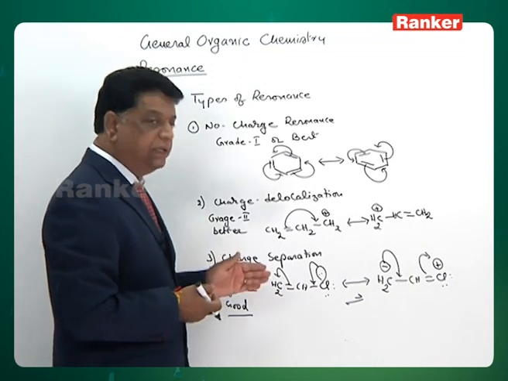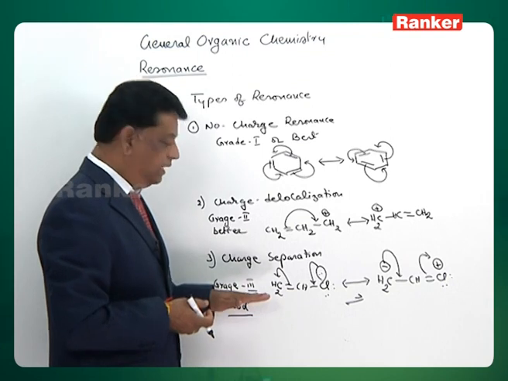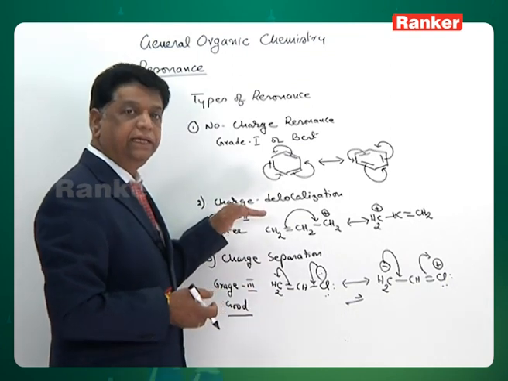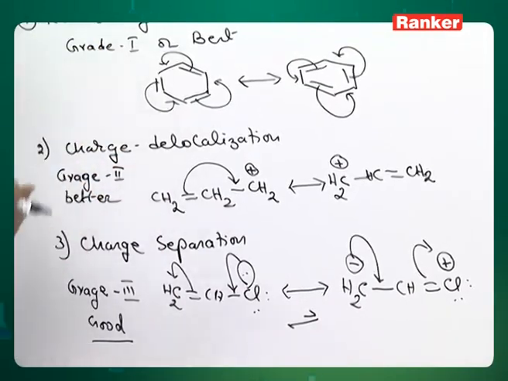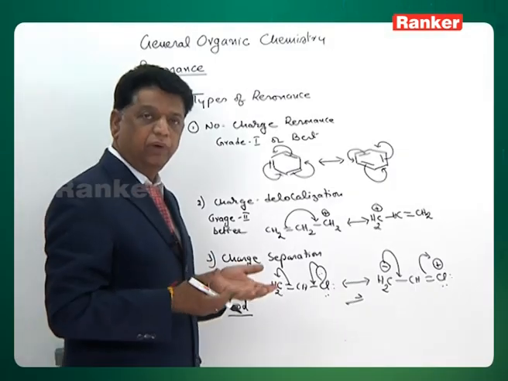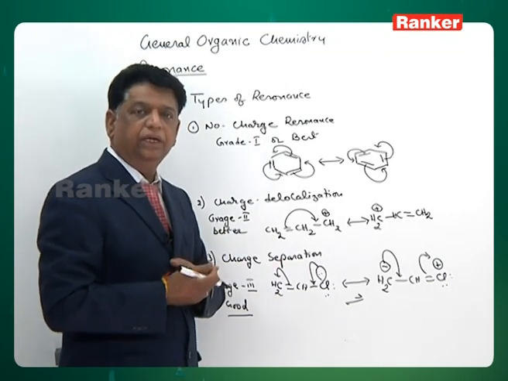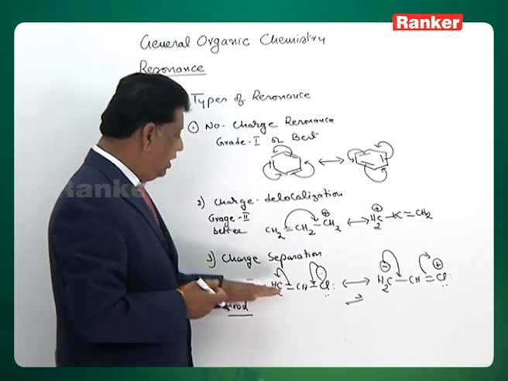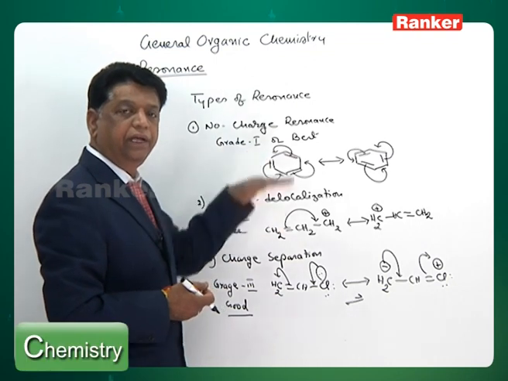But there is always a chance that a molecule, right now having charge separation, wants to become the second type, or wants to become the upper grade, that is upgradation. So, a person having no job has a right to get a job, but if you already got a job, let us say the grade 3 job you are doing, you have a chance to go from grade 3 to grade 2 to grade 1, upgradation of the job.